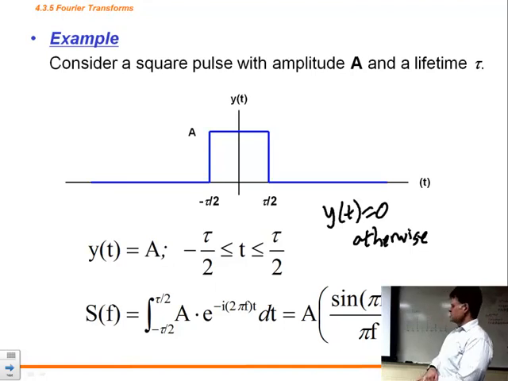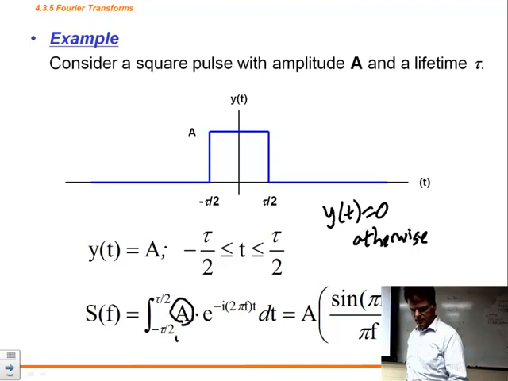So the contribution of each frequency is given like this. It's given as an integral from minus infinity to plus infinity, but since y of t is 0 except in this range, you only have to integrate from minus tau over 2 to plus tau over 2. And this is y of t here.